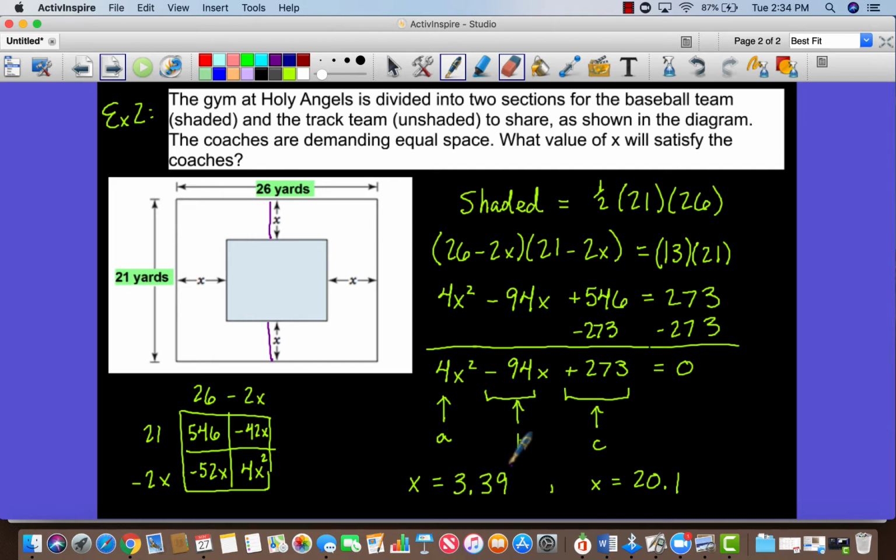So our answer is x equals 3.39, and as always, this would be an easy one to check. So I'm going to leave that to you. Check to see that when x is 3.39, this shaded space is the same as the unshaded space.